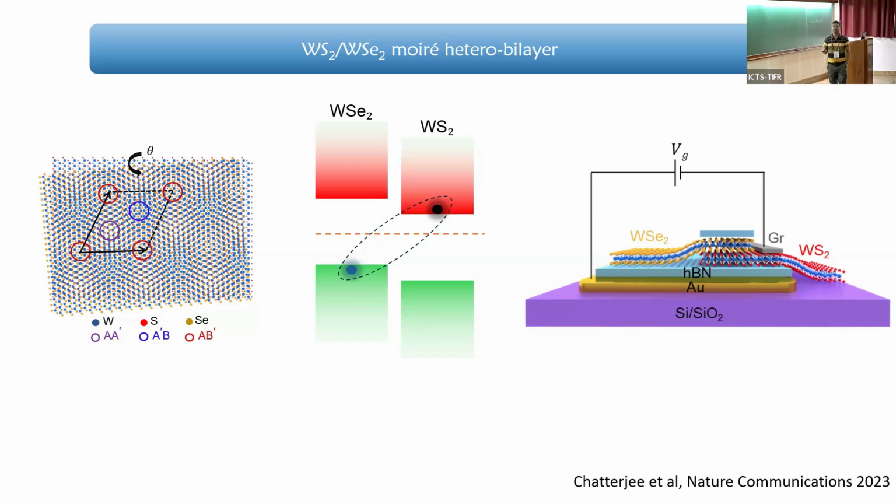Obviously, this interlayer exciton has much lower oscillator strength compared to the typical intralayer exciton that we talk about individually in these materials, where the electron and the hole stay in the same layer, simply because the wave function overlap reduces because of the spatial gap. Also, there are debates, but it's not guaranteed that they are momentum direct.